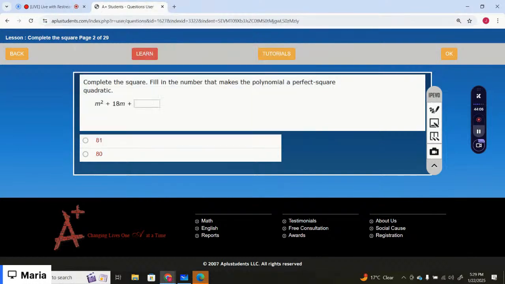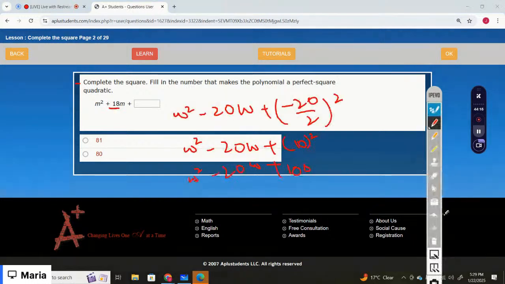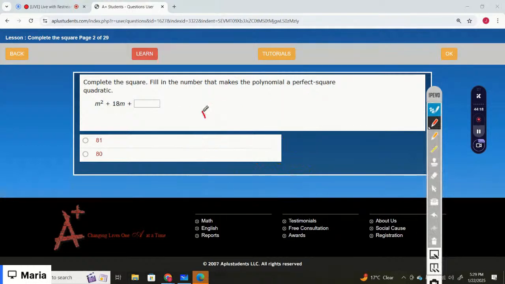M square plus 18m plus the missing number. So which is the correct option? M square plus 18m plus 18 over 2 square. M square plus 18m plus 9 square.